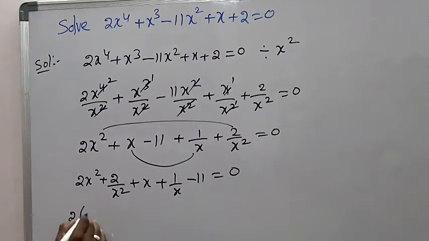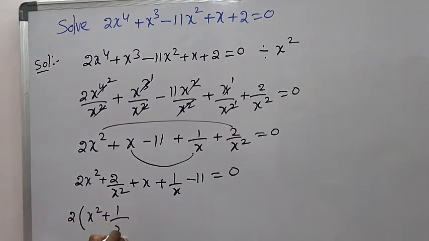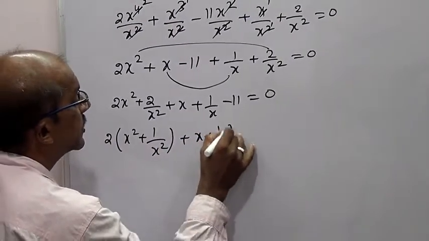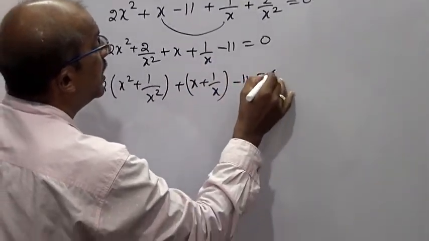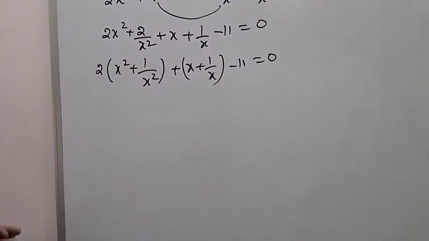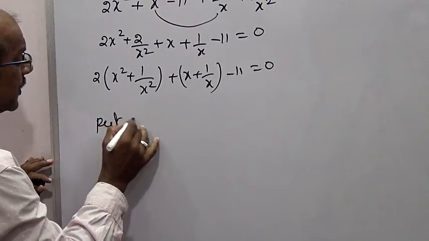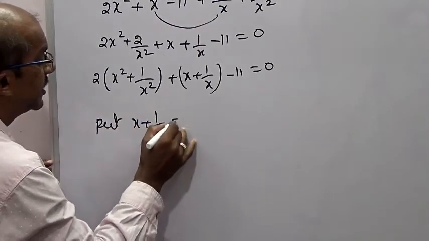Now take 2 common, x square plus 1 by x square plus x plus 1 by x minus 11 equal to 0. Now first of all, let x plus 1 by x be equal to a.